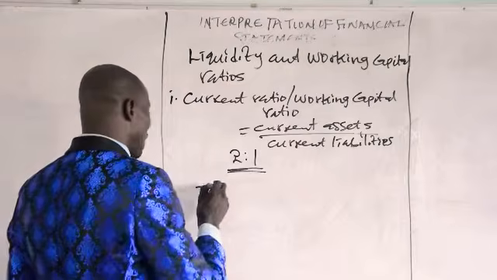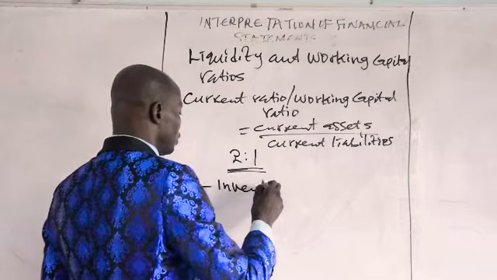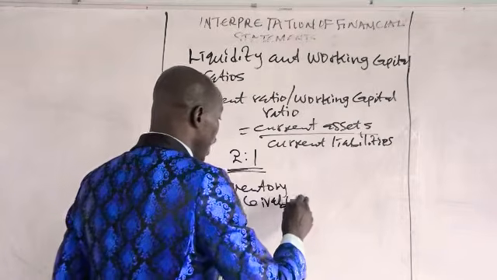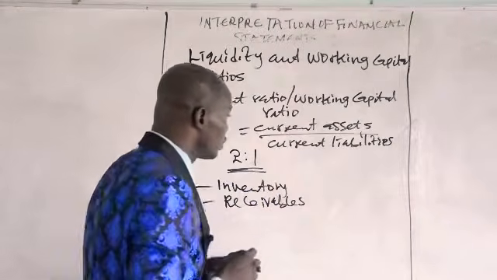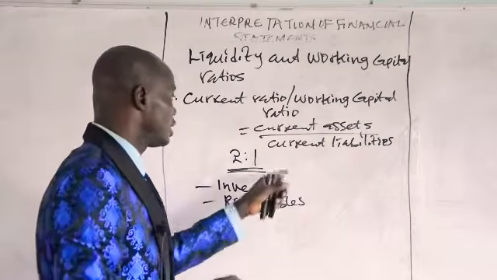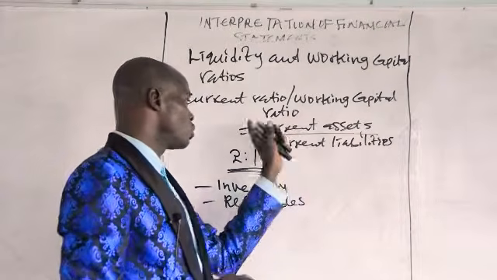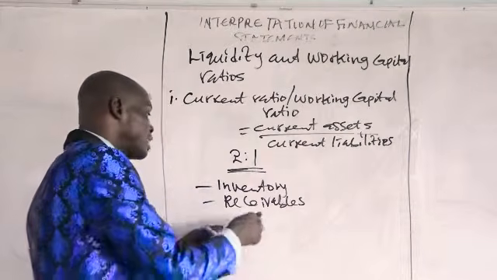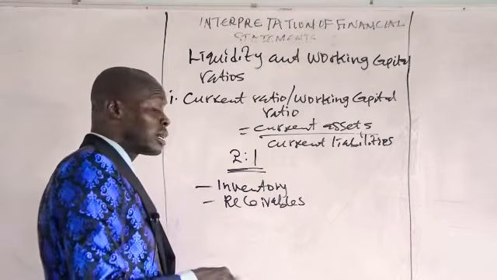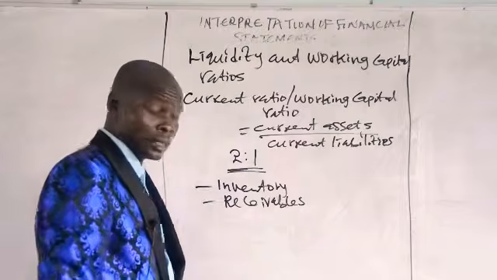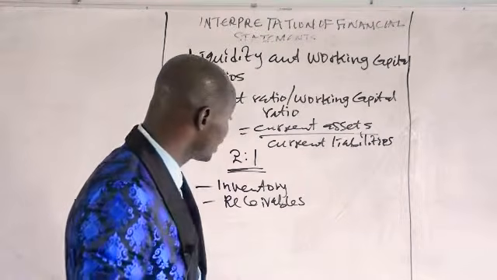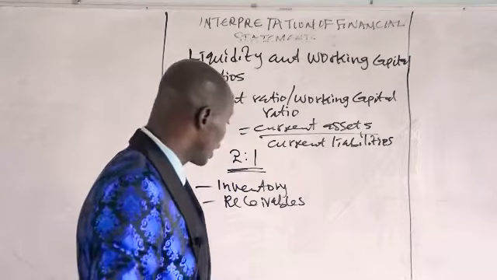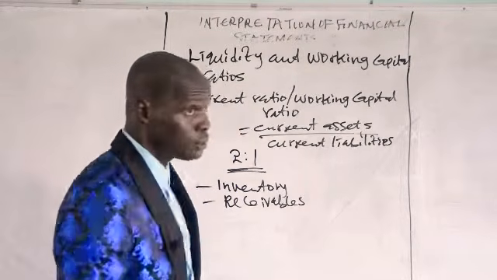Apart from inventories, we have receivables. If the receivables are too high, the current assets will increase, and the current ratio will be extremely high. That could imply that the business's credit policy is bad, and you should advise that the organization review its credit policy.